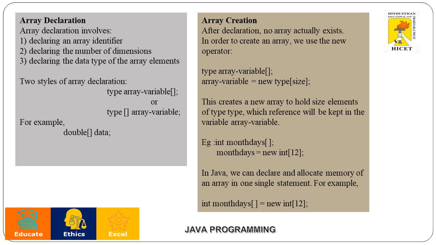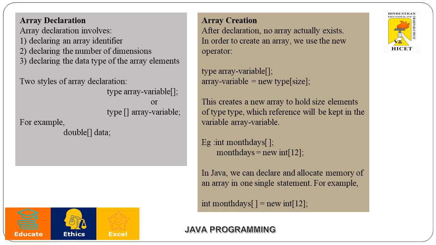For creation, we need to write the array variable name on the left hand side of the assignment operator. On the right hand side, first we need to write the new operator, then the type with size. The size must be between the subscripts. Since array is a static data structure, we need to mention the size beforehand.